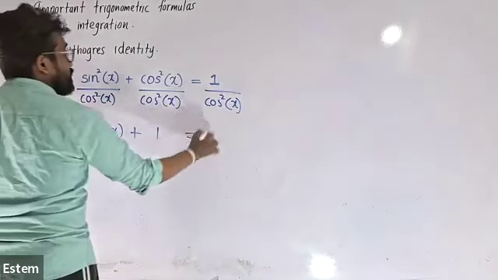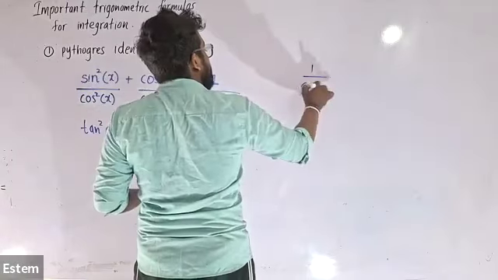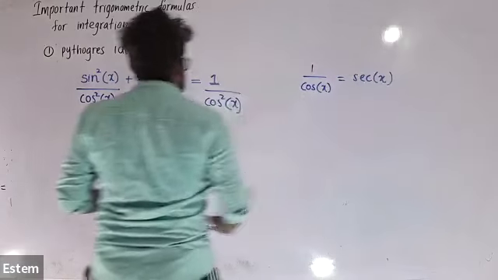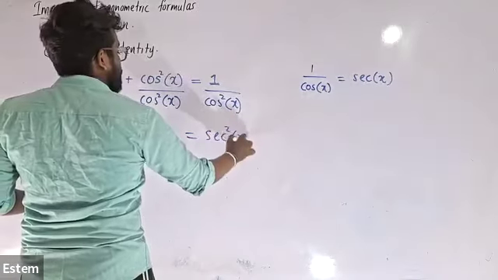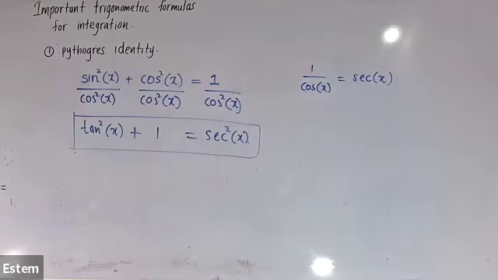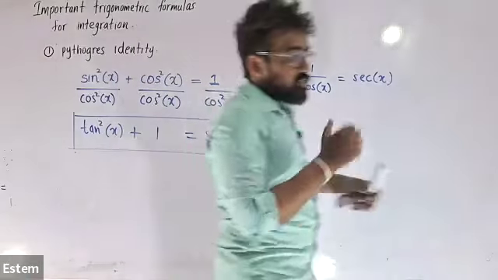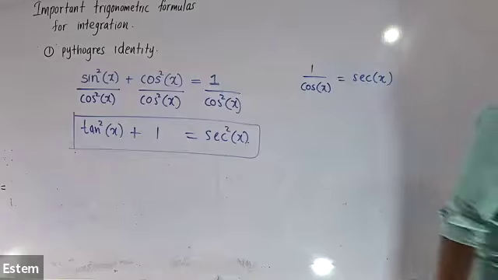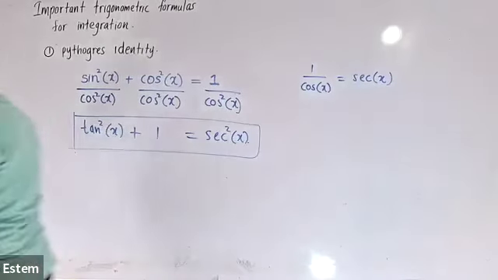This is 1. 1 over cos x is sec x, so this is sec squared x. Write this formula also. Hurry up.